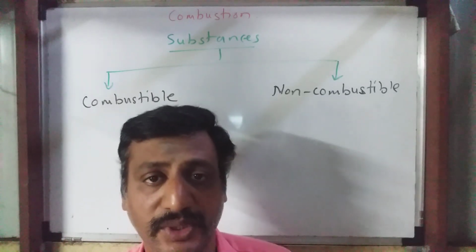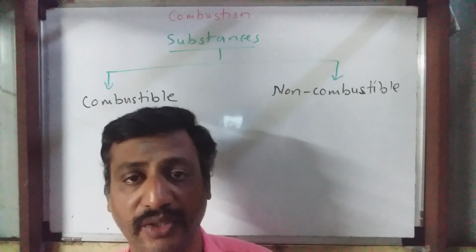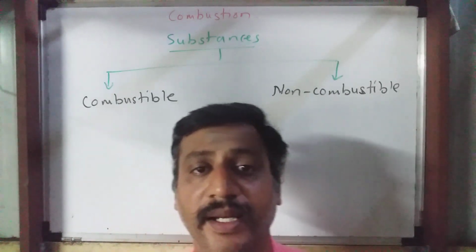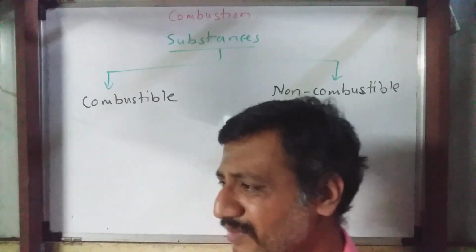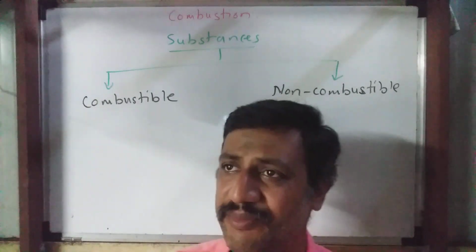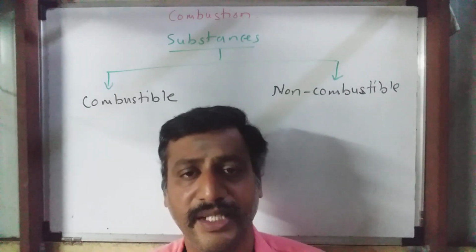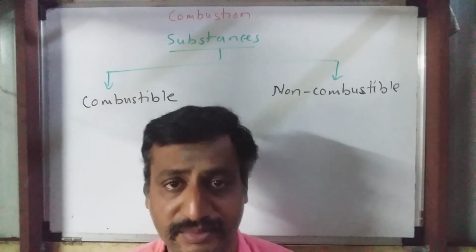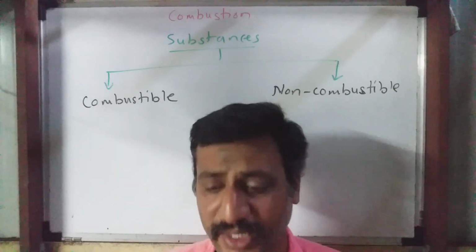Non-combustible substances can't be burned. Soil is there, rocks are there, water is there. So these are the non-combustible substances, and there are some substances that get melted or reach a very high temperature. Their color also gets changed. Many things, but here we are doing a broader discussion.